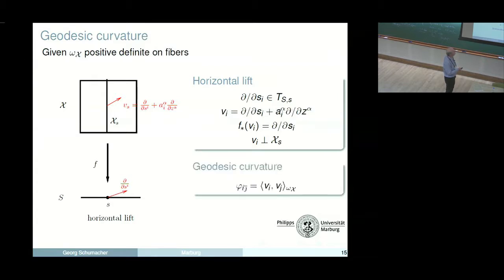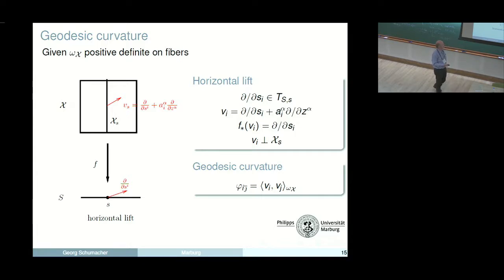And then there is the notion of a geodesic curvature. I had been looking at this quantity, but I found out that it carries the name, or was given the name afterwards. I don't know. At least it carries the name of a geodesic curvature. So one can do such a construction whenever we have such a form on the total space.